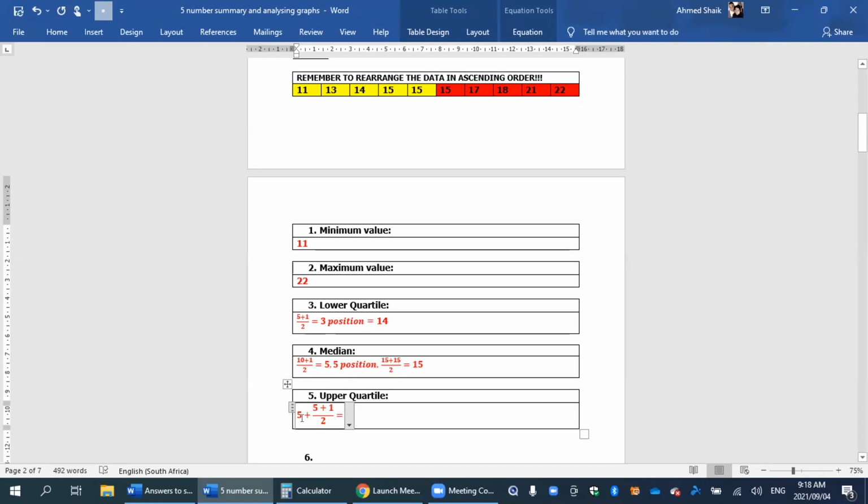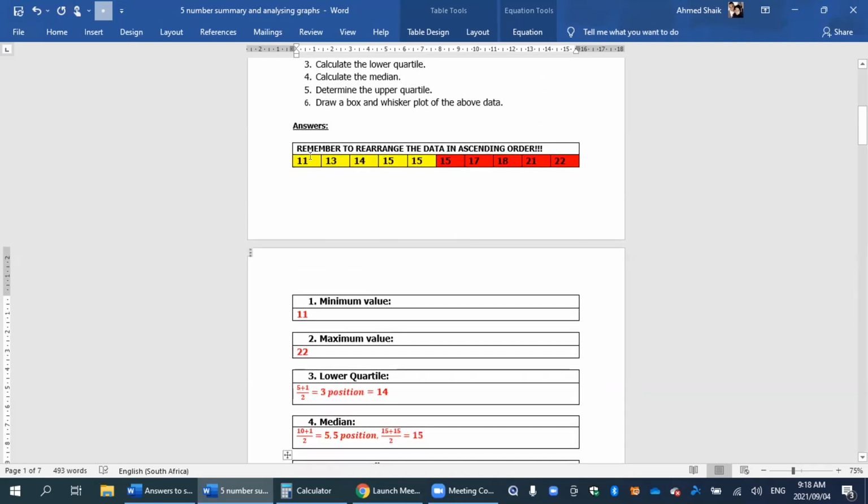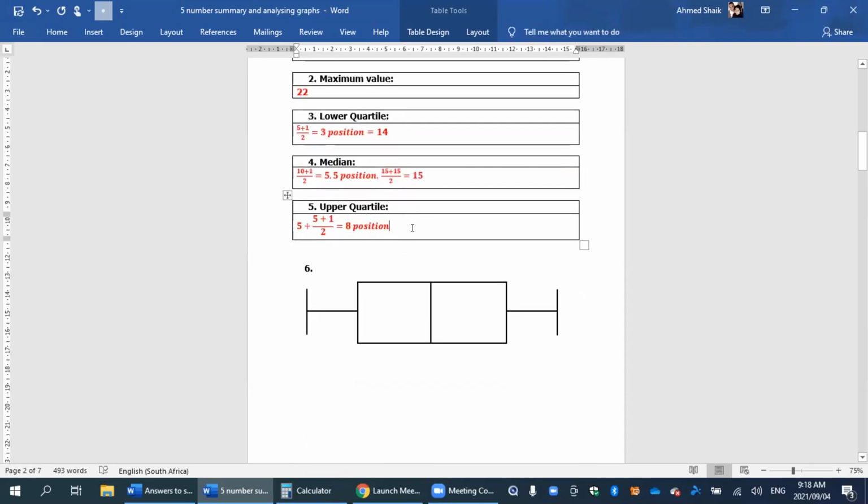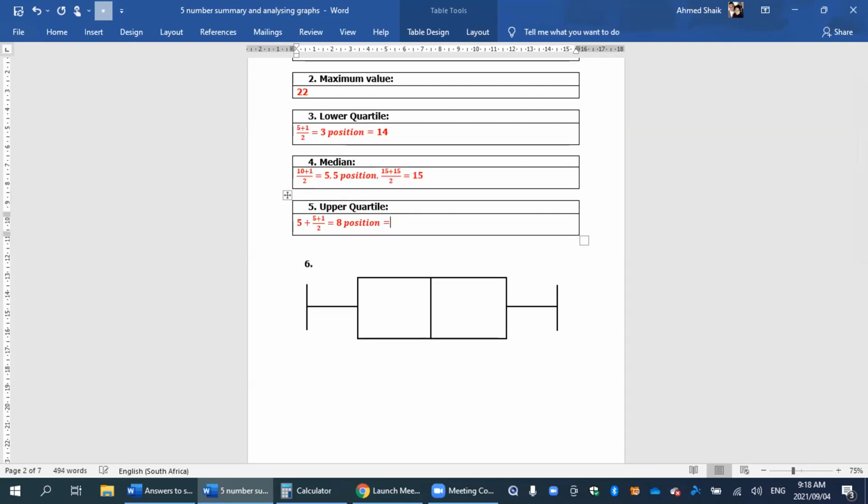And that's 3 plus 5, which gives us the 8th position. If we look at our 8th position, 1, 2, 3, 4, 5, 6, 7, 8, it tells us that it is the value 18.